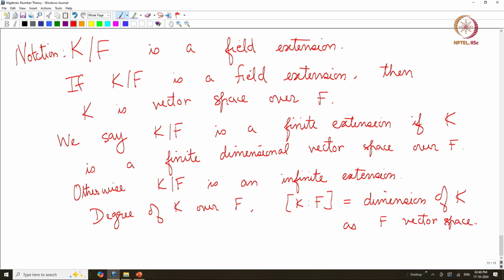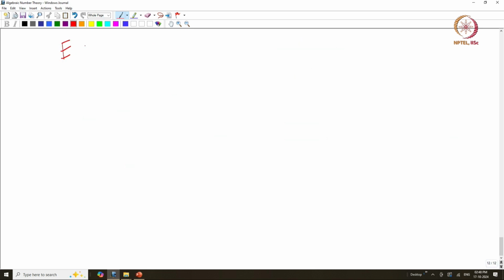Okay. So, in general it can be infinite, but we will be mostly interested in finite extensions. So, let me look at some examples.